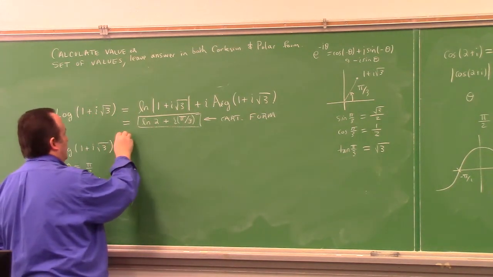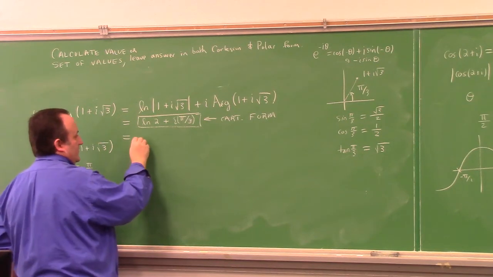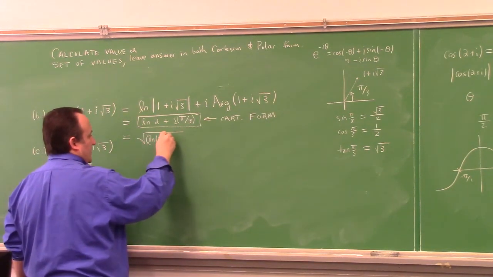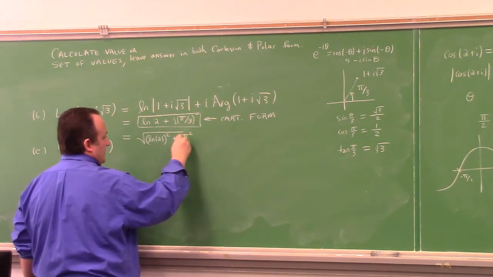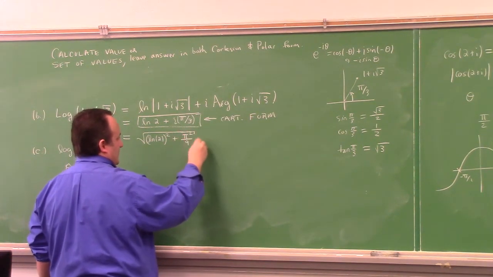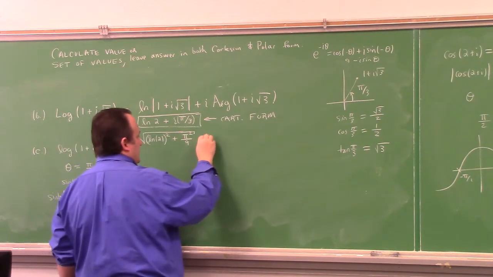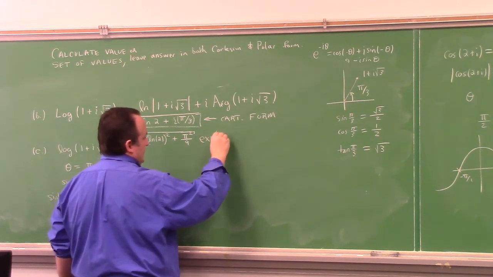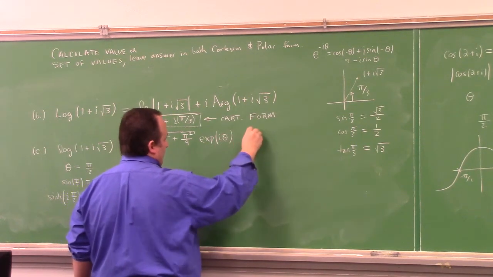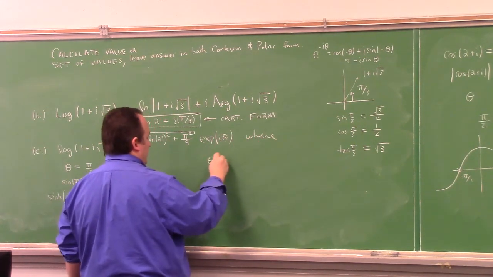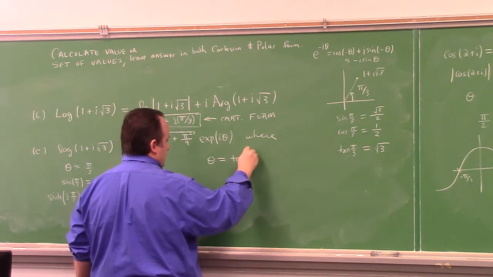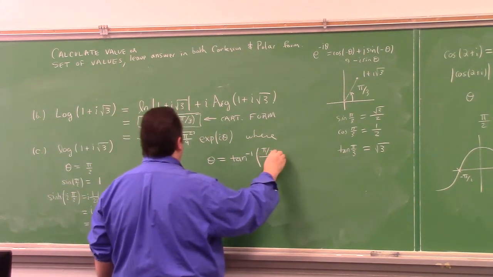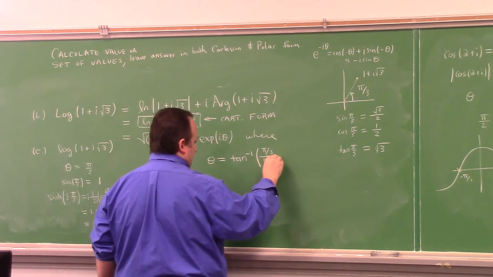The polar form is the square root of the natural log of 2 squared plus pi squared over 9. That's the length of the complex number. And then e to the i theta, where theta is equal to the inverse tangent of pi over 3 divided by the natural log of 2.